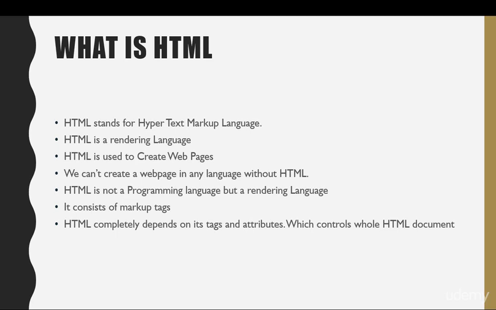HTML completely depends on its tags and attributes, which control the whole HTML document. As I said, we need to apply the tags, and for making the tags more interesting, we use the attributes. So basically the complete HTML depends on both these things: its tags and its attributes. The interesting thing is HTML has a lot of tags, and each tag can perform different actions.